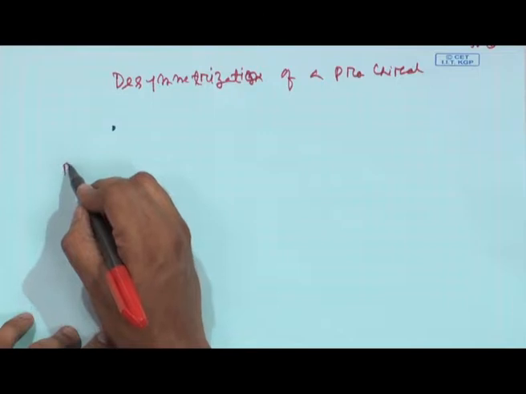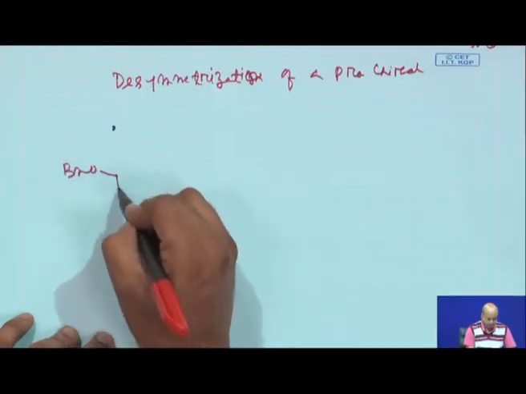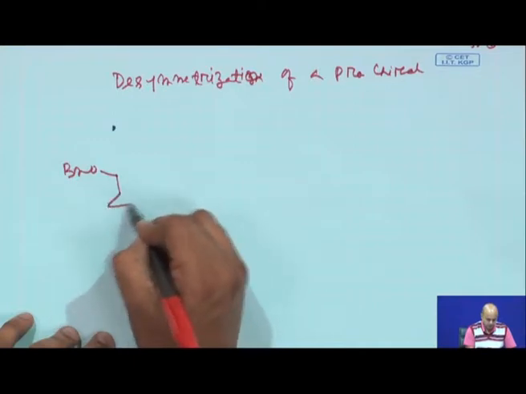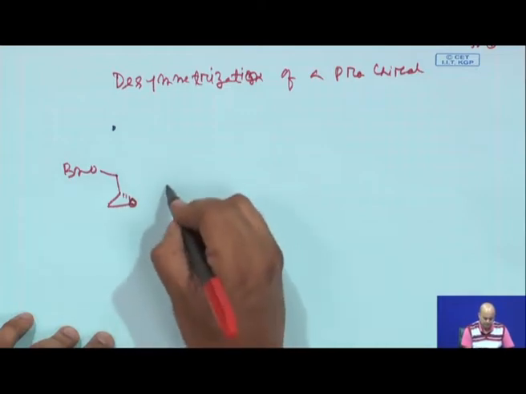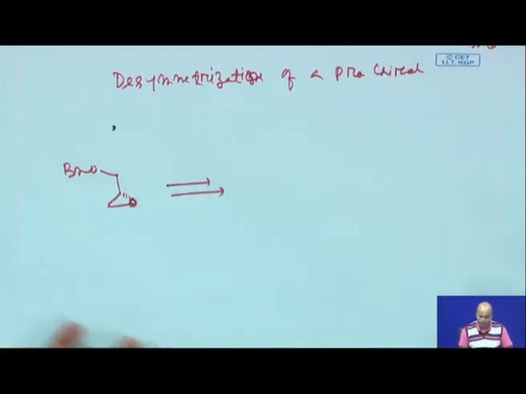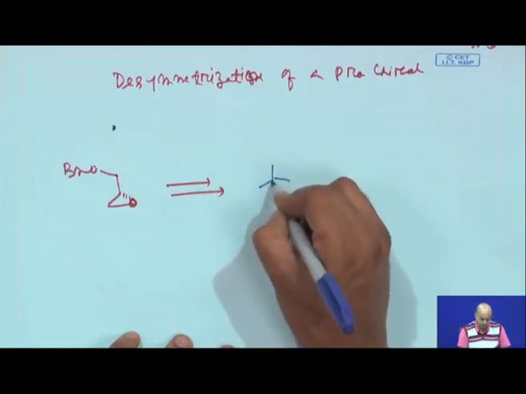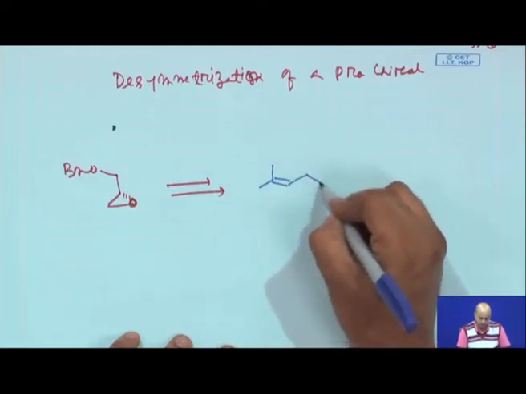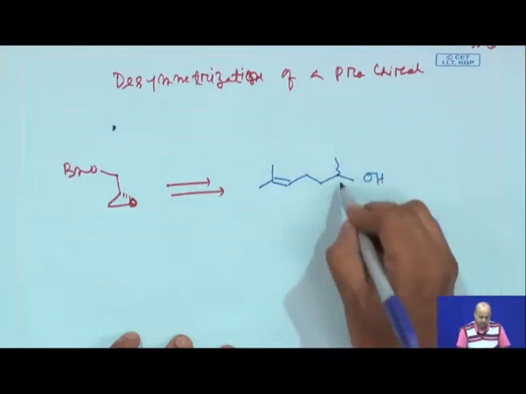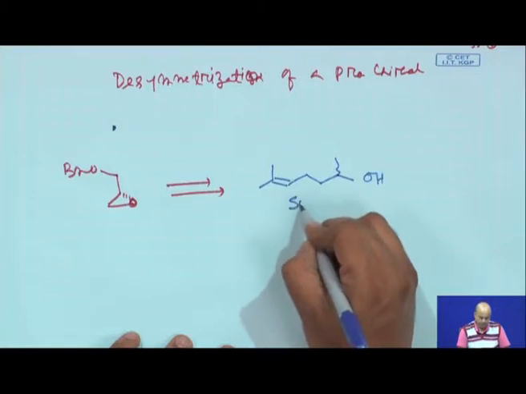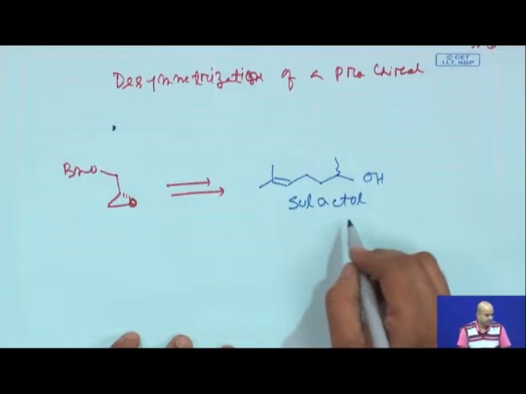Now, here the next problem which I am giving to you: you are having this epoxide. I am saying convert this epoxide to both the enantiomers of the target molecule, this. Now, this compound is a natural product, its name is Salactol.